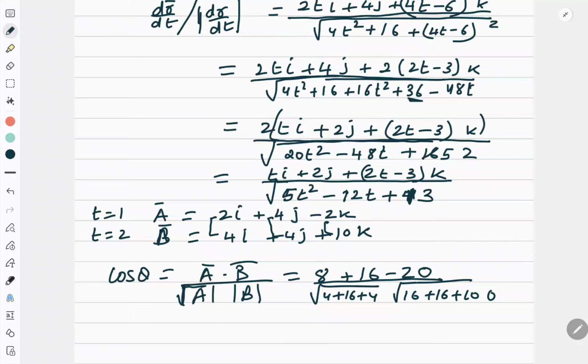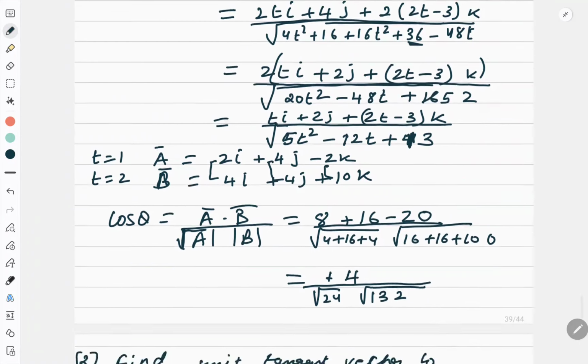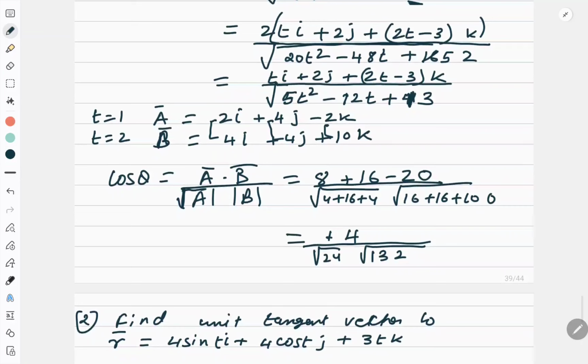Okay. So 16 minus 20 is minus 4. So basically 4 plus 4, and denominator 16, 20, 24. So root 24, and this is 132. Right? So when you solve this, you will get 5 upon 3 root 6, which will be the answer. So this will give you the value of cos theta.